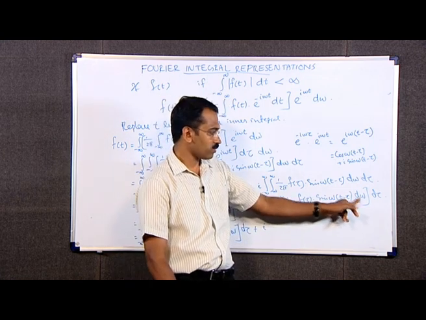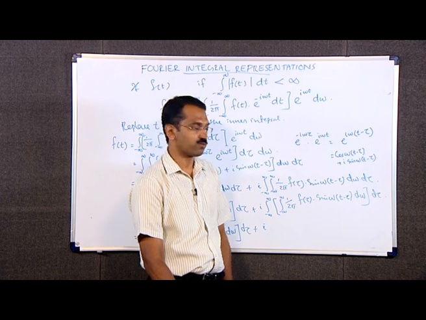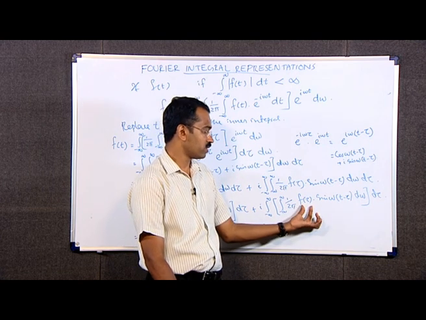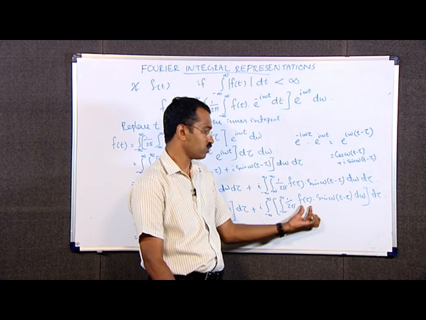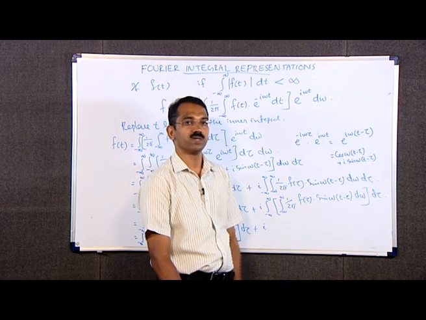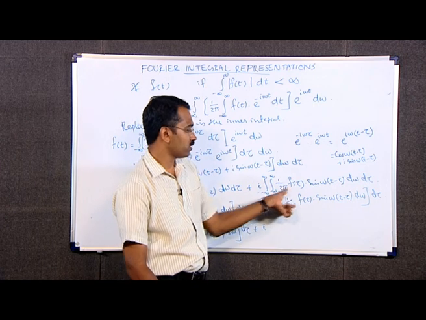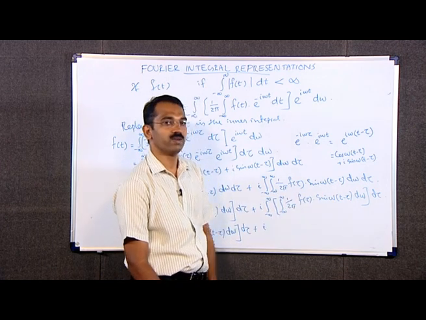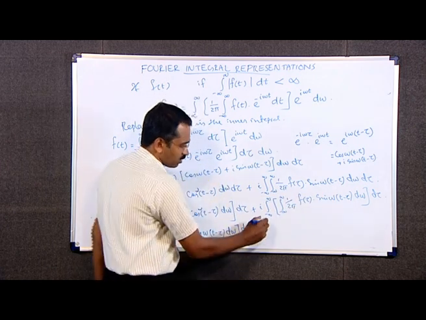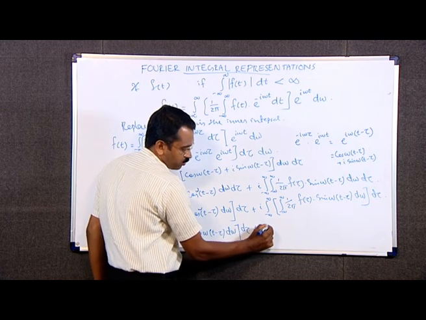Integration is with respect to omega, which means f of tau is a constant function. Therefore 1 by 2 pi into f of tau sin omega (t minus tau) is an odd function. Therefore this integral will become 0. We can write plus i into 0.